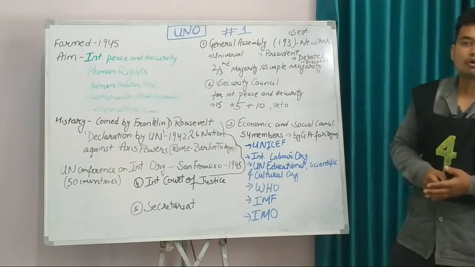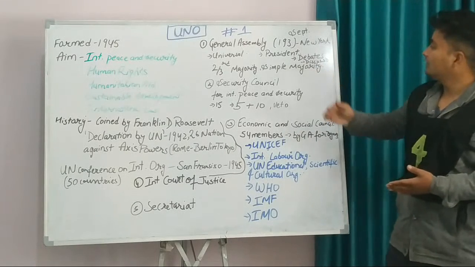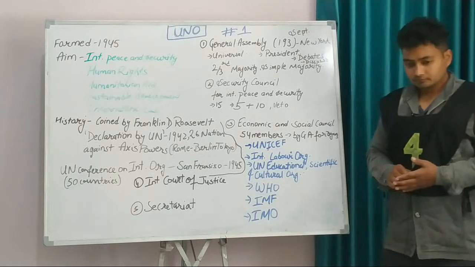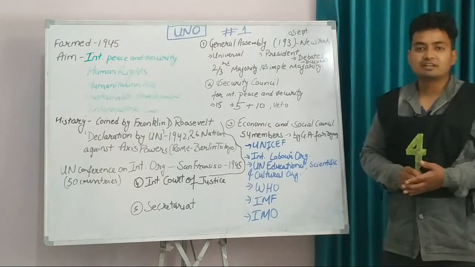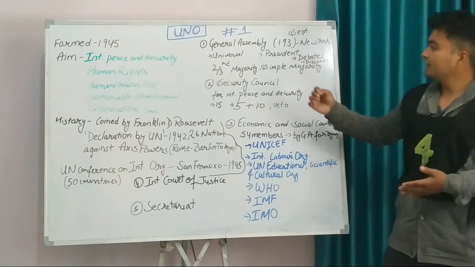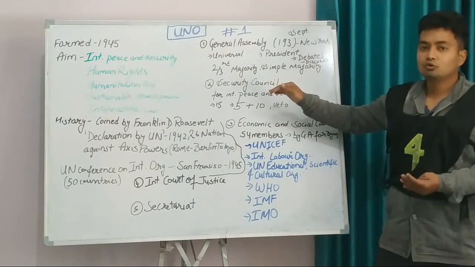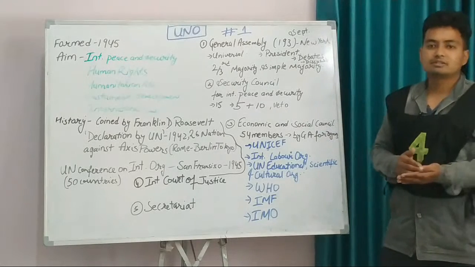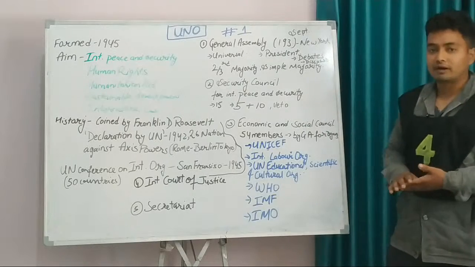The president is for 1 year, and in this assembly there are debates, discussions, and voting is done on different issues. Issues like security and environment require a two-thirds majority to pass, and a simple majority is required for the not so important issues.